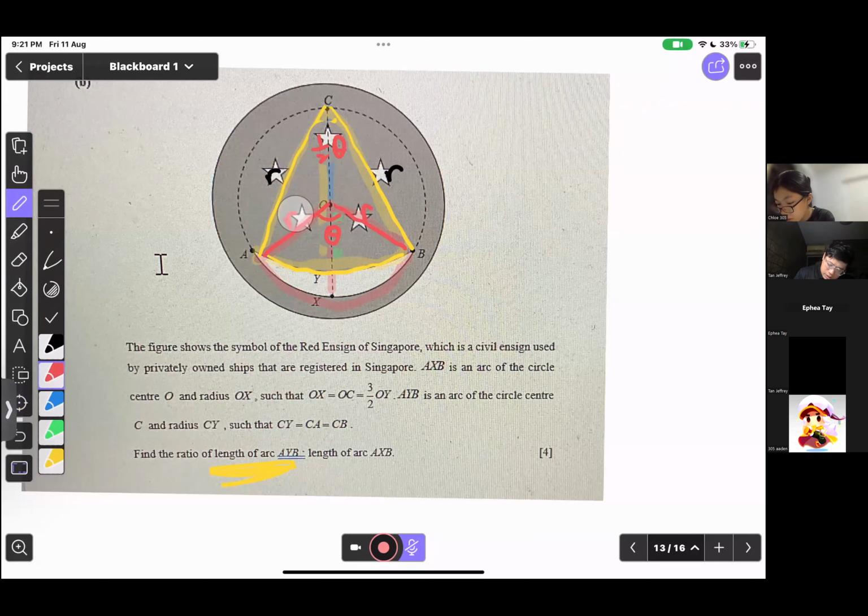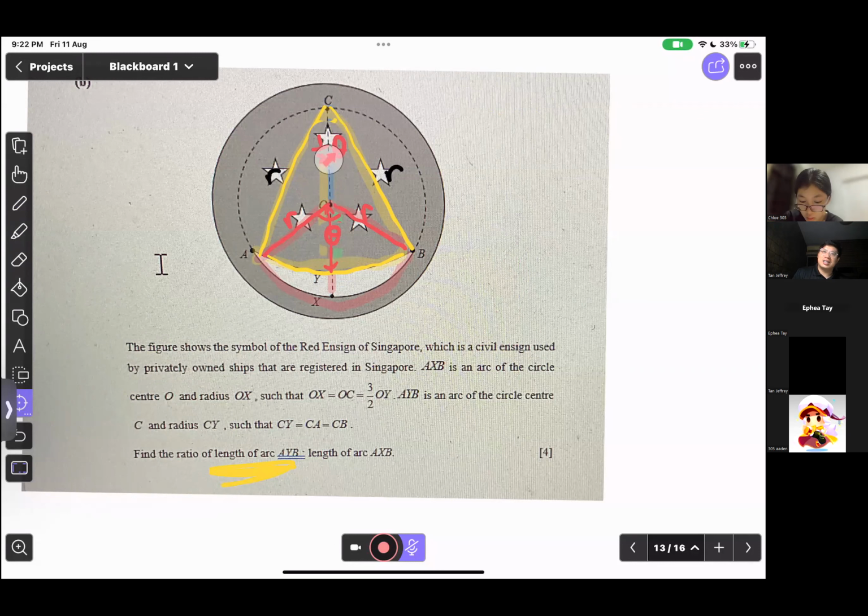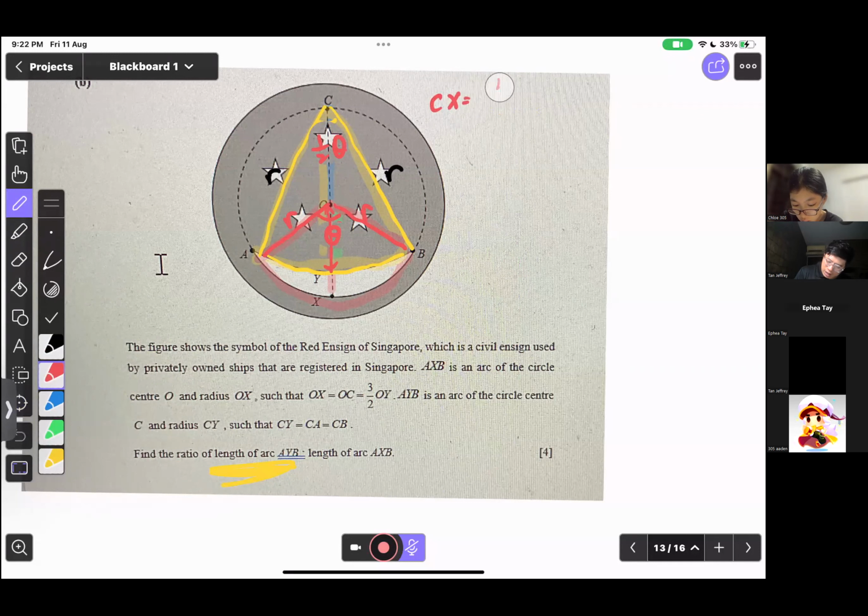Wait, why? Because OX and OY are the same. So this entire CX, it's very difficult. 5 over 3 of R, like that. Is that okay?